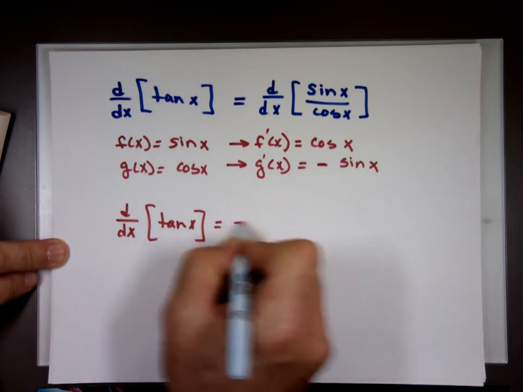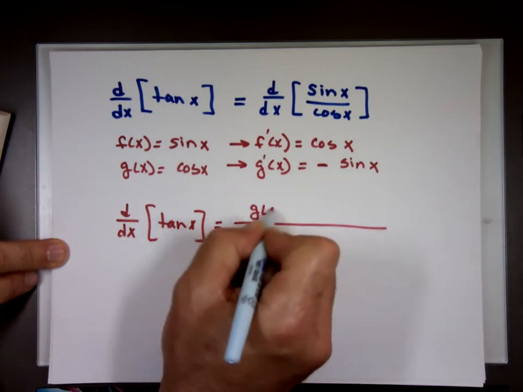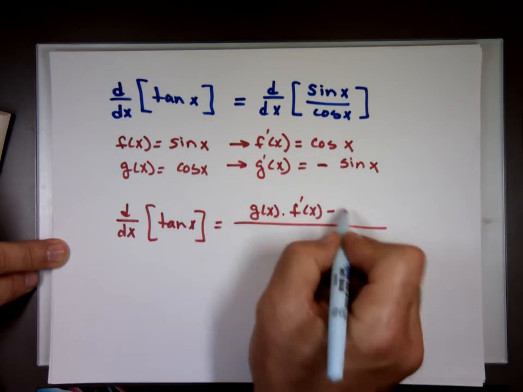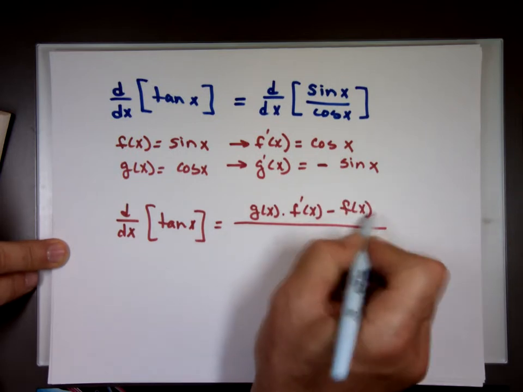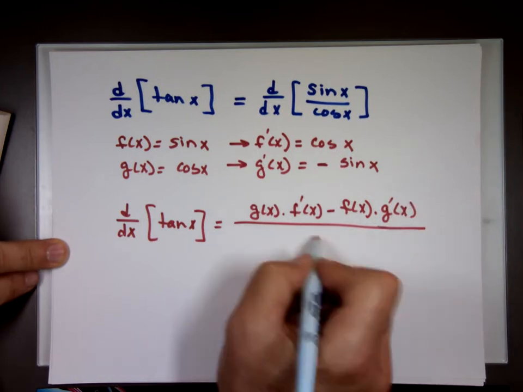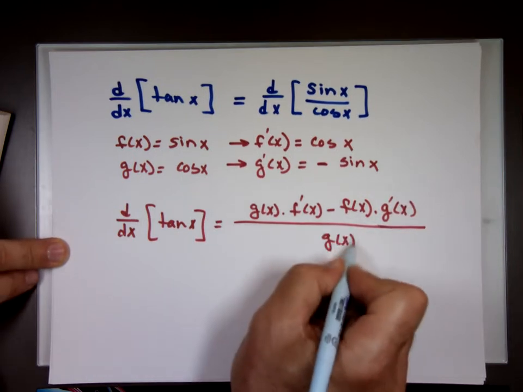According to the quotient rule, that's g of x times f prime of x minus f of x times g prime of x, the whole thing divided by what? g of x squared.